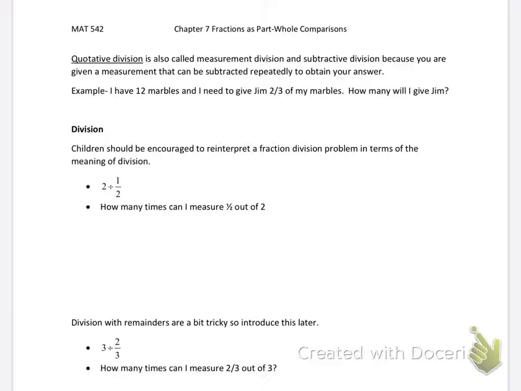Okay, quotative division is also called measurement division and subtractive division because you are given a measurement that can be subtracted repeatedly to obtain your answer. Okay, so how can I do that? Well, for example, if I have 12 marbles and I need to give Jim 2/3 of my marbles, what I would do is I would draw my marbles.